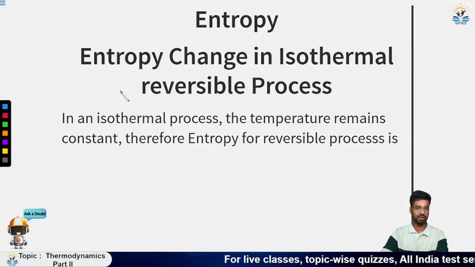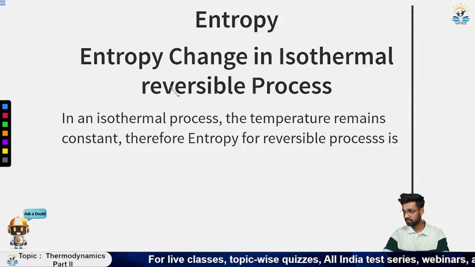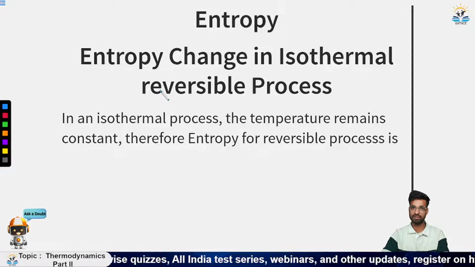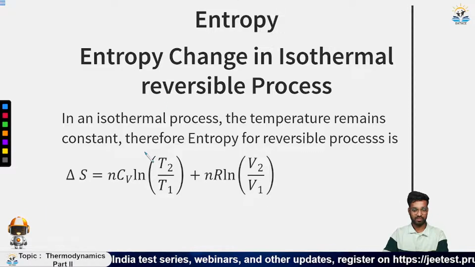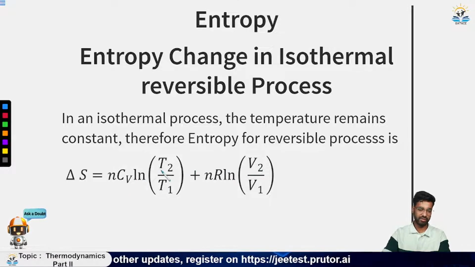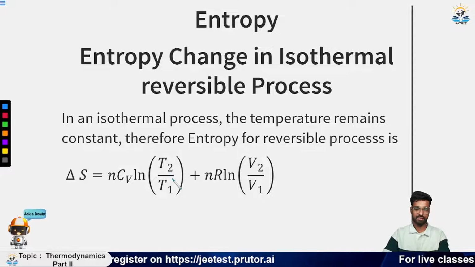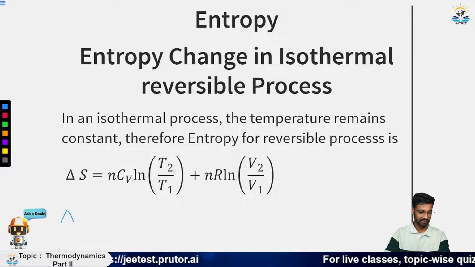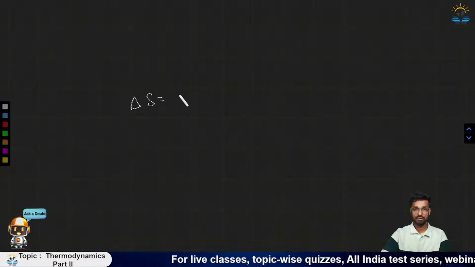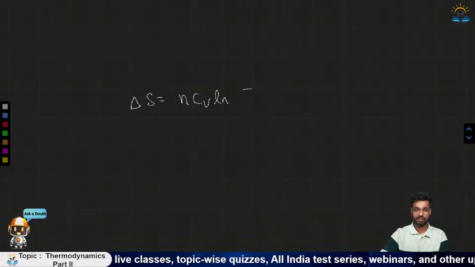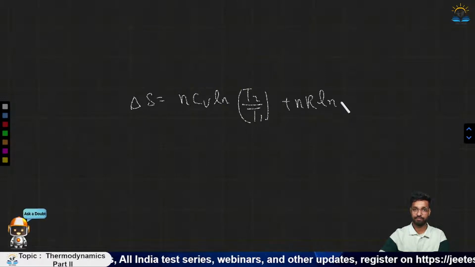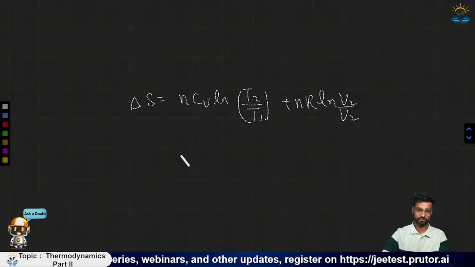Okay. Now we will move to the next thing, that is for isothermal reversible. Now we will take different cases of irreversible processes. So we know that the formula for reversible is nCV ln T2 by T1 plus nR ln V2 by V1.